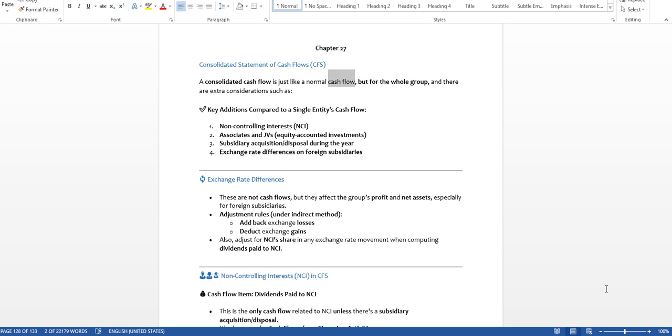For consolidated cash flow, just like we said, we have to add some things to it, and that is NCI. Also when we have associate and JV, we account for equity of the investment. Then also we have subsidiaries, acquisition and disposal, and exchange rate differences on foreign subsidiaries, right?